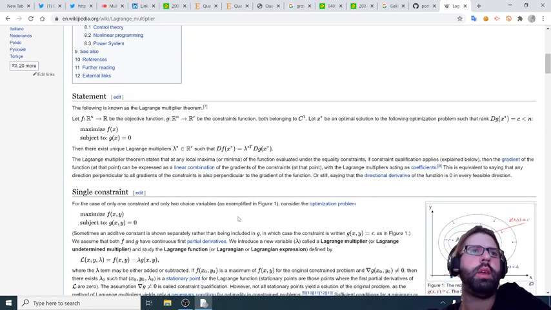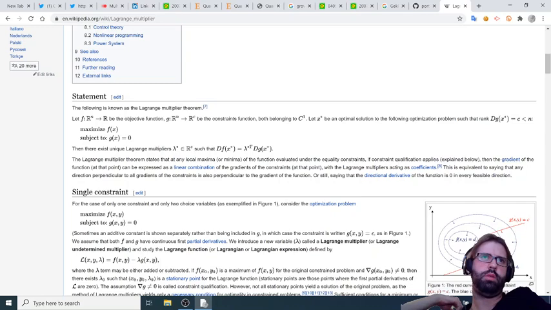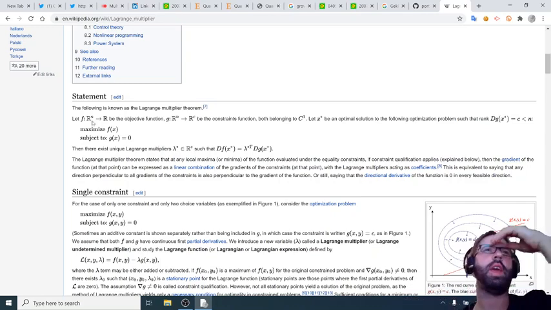What the heck is this? What is a Lagrange multiplier? So let f be the objective function, g be the constraints function, both belonging to C. Let every optimal solution for the following optimization problem: maximize f subject to g(x) equals 0.